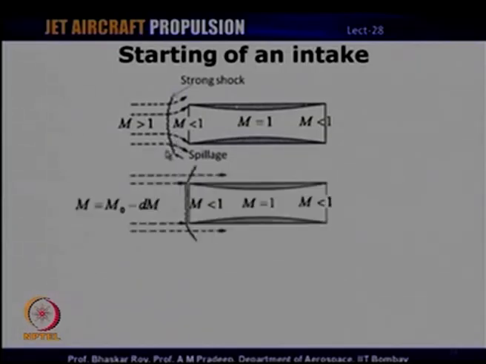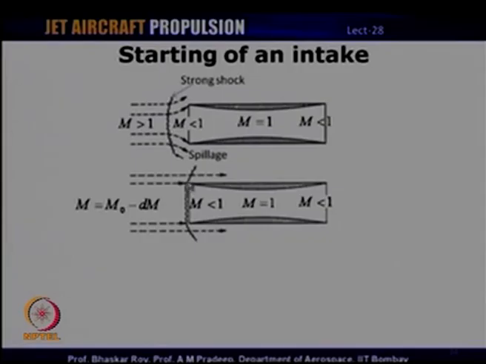If we now change the Mach number, increasing or decreasing it, let us say we have a Mach number slightly less than the design Mach number, in which case the shock will get attached to the leading edge of the intake.